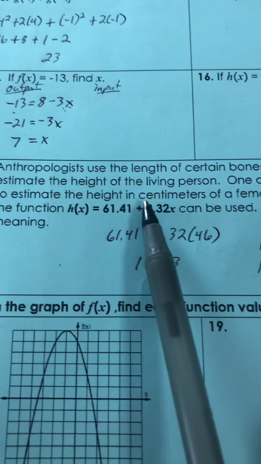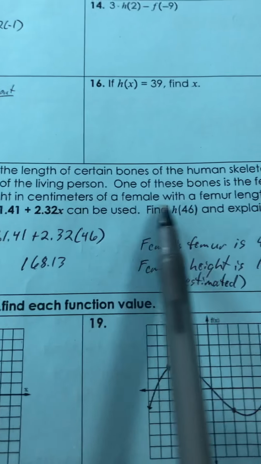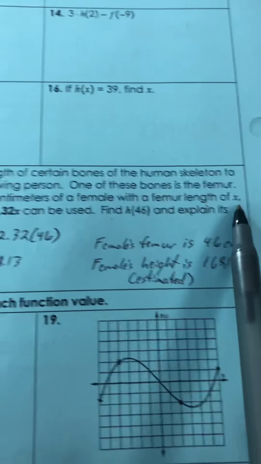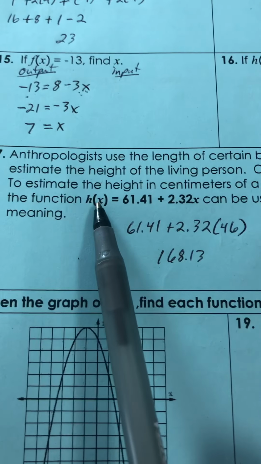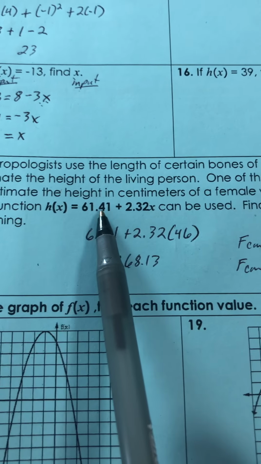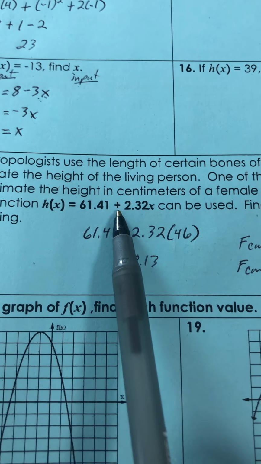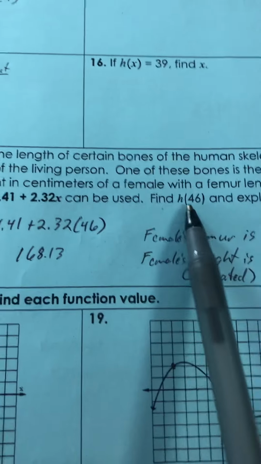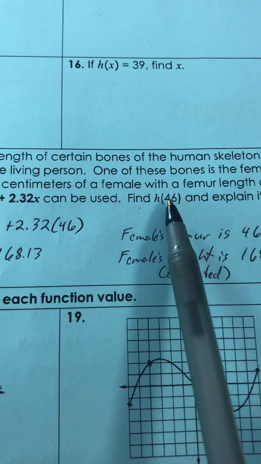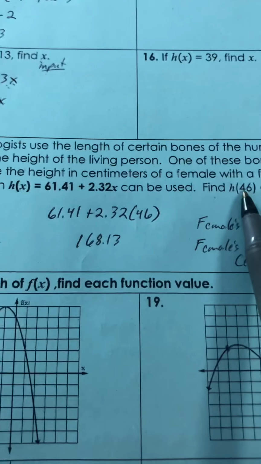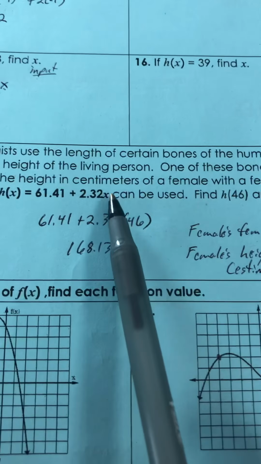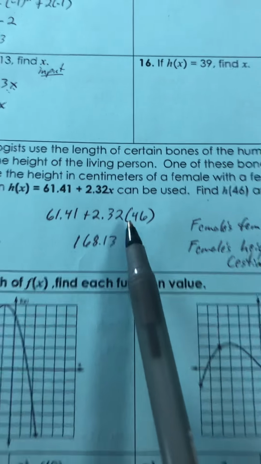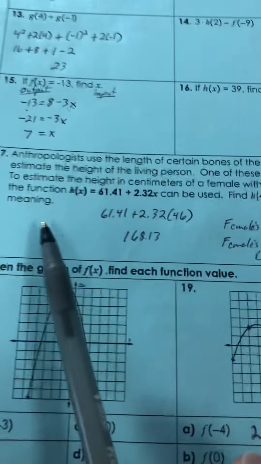To estimate the height in centimeters of a female with a femur length of x, the function h of x equals 61.41 plus 2.32 times x can be used. Find h of x when x is 46, so you're just going to plug in a 46 here, and explain its meaning.